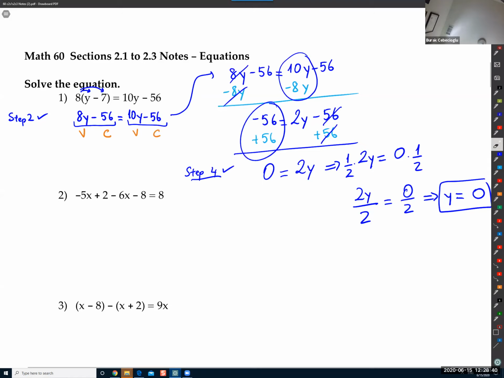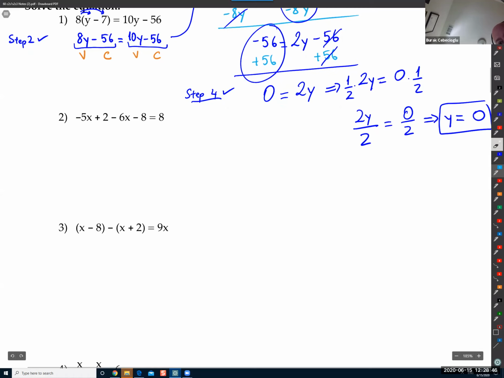How about step 3? Do you have like terms? Look at the left side of the equation. Look at the right side. On the right side, you have only one item, 8. You just let it go. So look at the left side then. Do you have like terms? Yes, these two are the like terms. Let's do the color code. These two are the like terms.